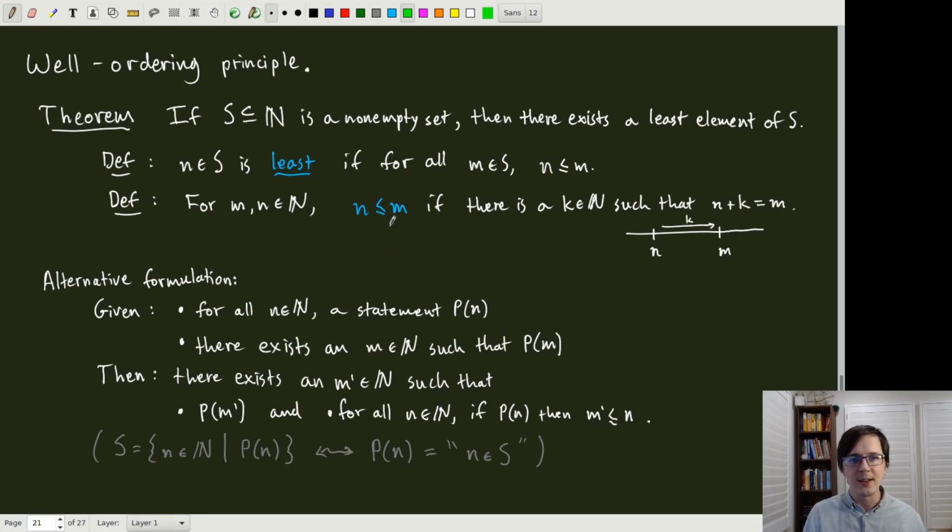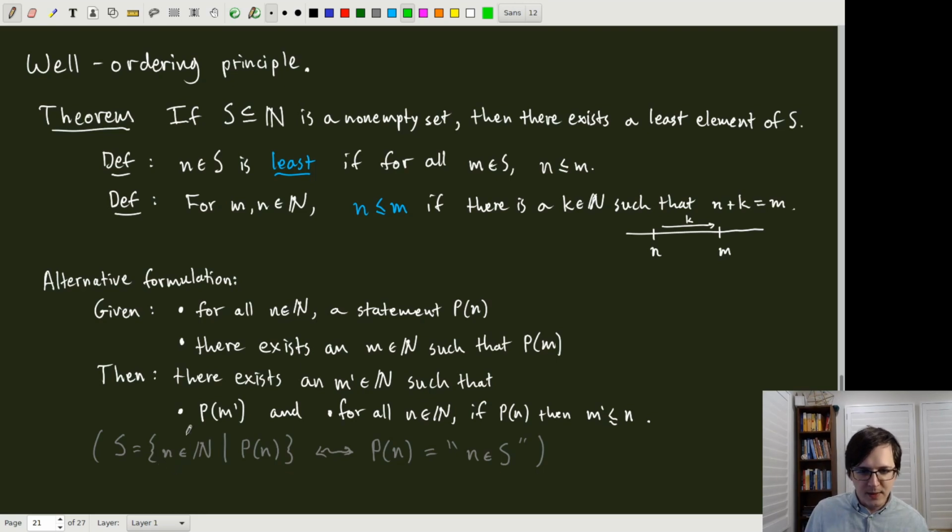Okay, so before getting into a proof, one thing I want to mention is an alternative formulation of this well-ordering principle that might not be obvious if you haven't seen these things before. Underlying this is the axiom of restricted comprehension. You don't need to know that name. It is the correspondence between statements that are indexed by natural numbers and subsets of natural numbers.